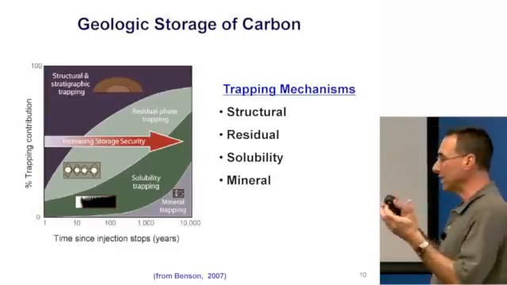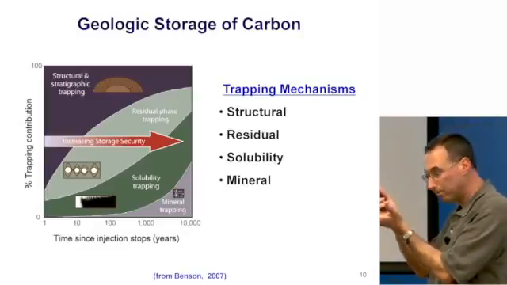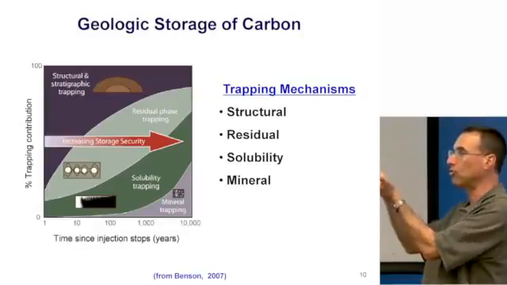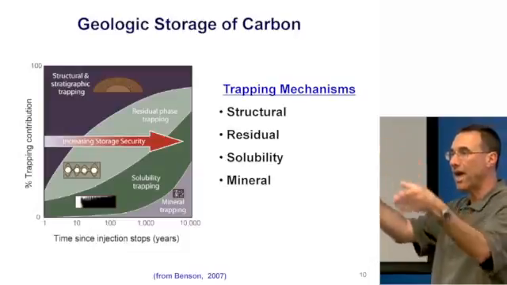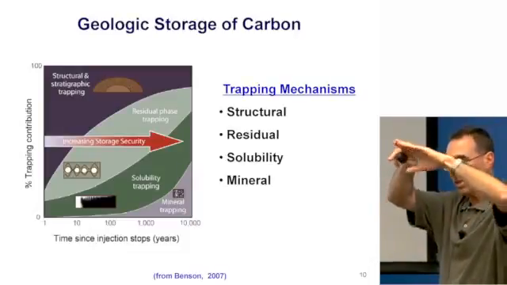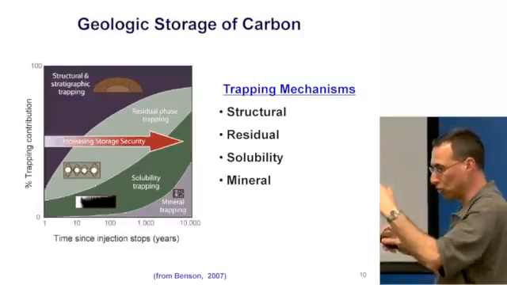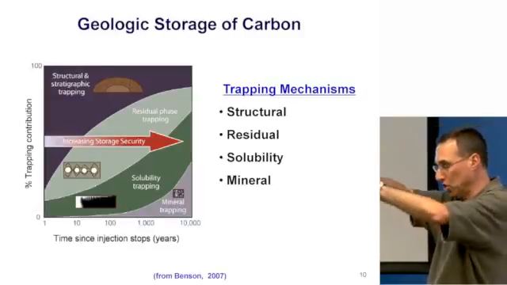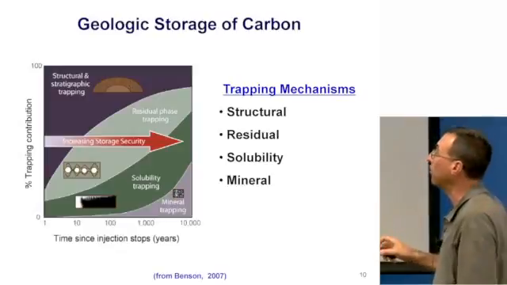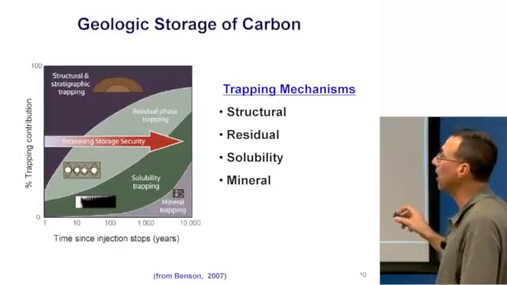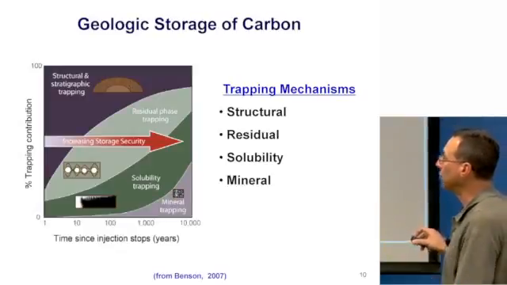The CO2 is less dense than the water, so what can happen is the CO2 just rises up to the top, what's called a structural trap. So the CO2 would just rise and then get essentially stuck at the point where there's impermeable rock. That's called structural trapping.